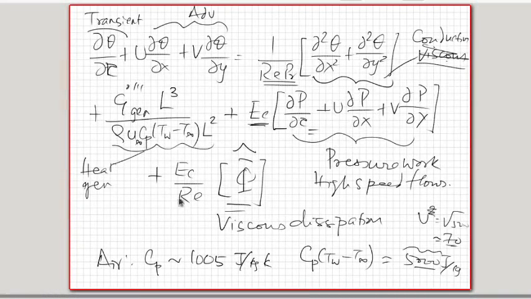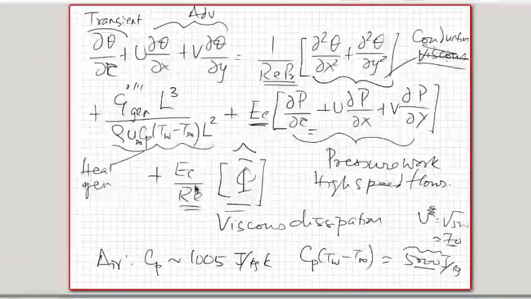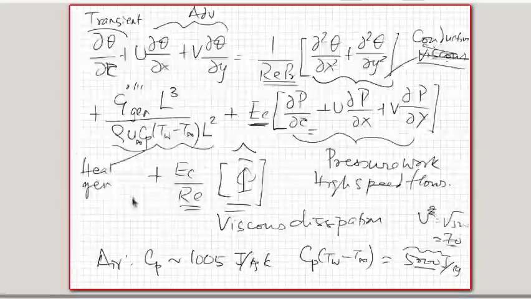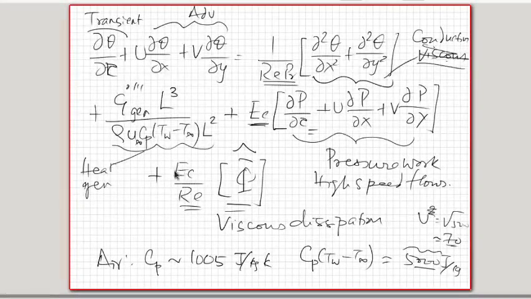And this one is important when Ec by Re is significant. So if the Reynolds number is very small and velocities are large, this is not a combination that is possible because the Reynolds number also goes with U. So it's Ec by Re. So the viscous terms should be extremely important because this is inertia by viscous, so U squared by Cp delta T. It's actually significant in flows with very large temperature gradients and very large velocity gradients and very high viscosity.